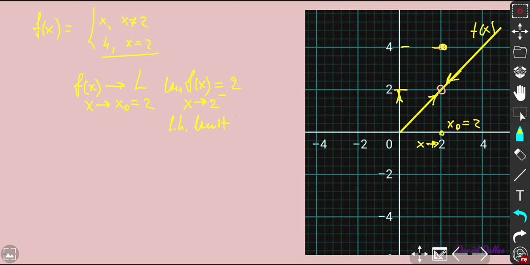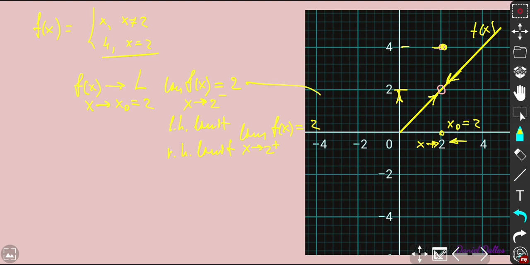And from the right-hand side, the right-hand limit, when x is very close to 2 but from values a little above, our function will tend to 2.